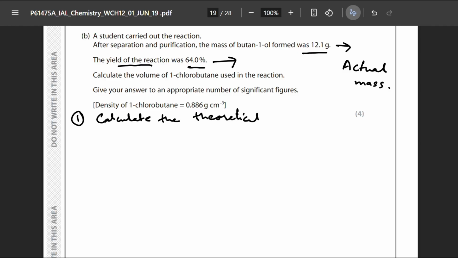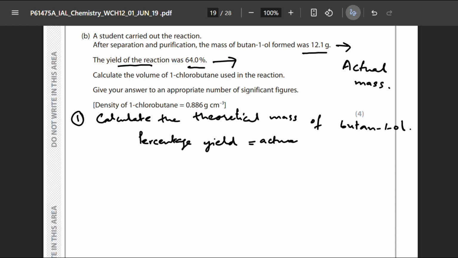So in the first step, we calculate the theoretical mass of butan-1-ol, and for that we will use the formula for percentage yield, that is the actual mass over the theoretical mass times 100.